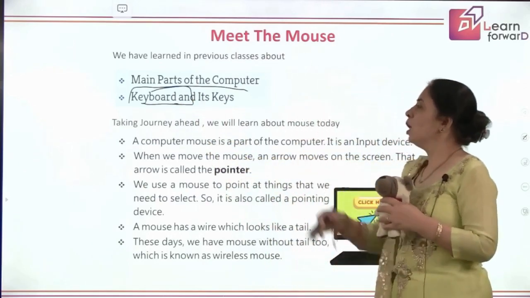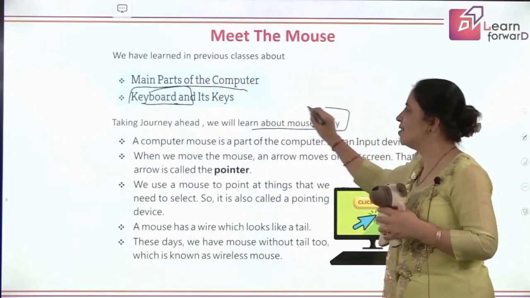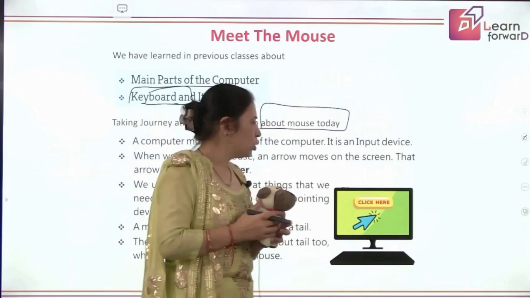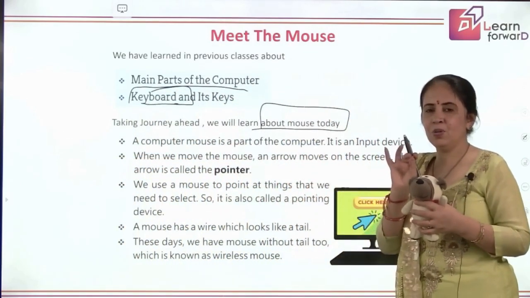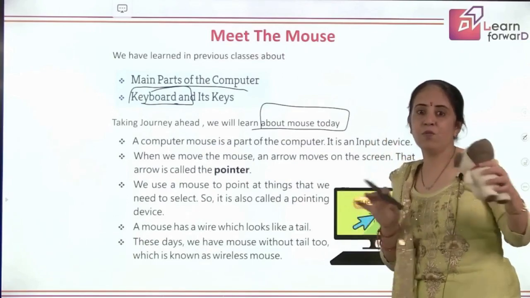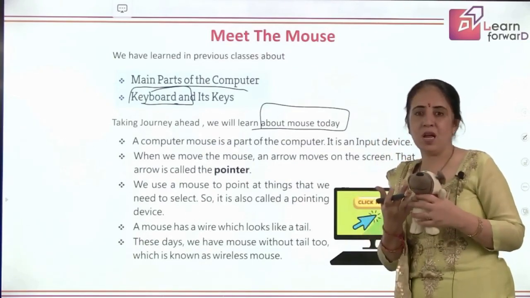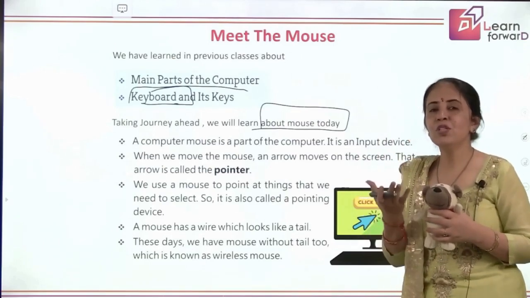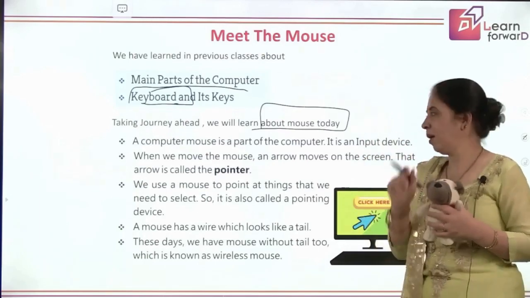Okay. Now taking our journey ahead, we are going to learn about mouse today. So, you know, children, whenever you click a mouse, it does some work on the screen. Mouse is basically used as one of the pointing device which you use to send your instructions to the computer.